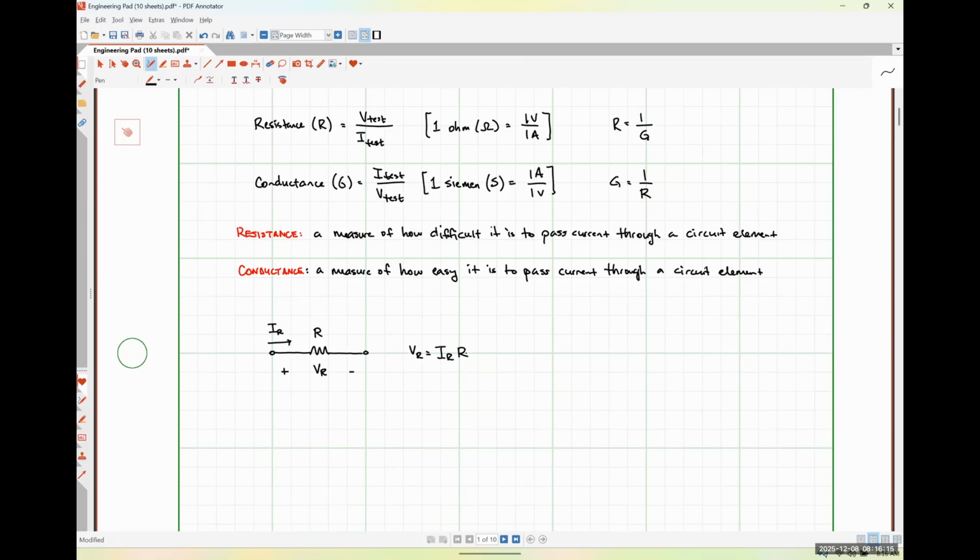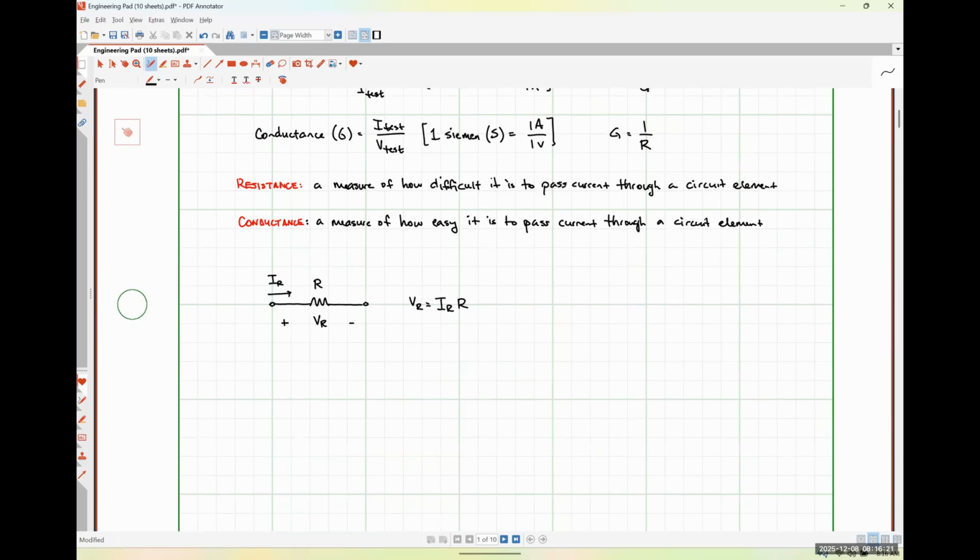Okay. Now, where things get slightly more complicated, and it is very slight, is that if I have a resistor and I have the voltage defined with the opposite polarity, so that the current is flowing into the negative polarity terminal, we're actually going to have to include a negative sign in our equation for Ohm's law.